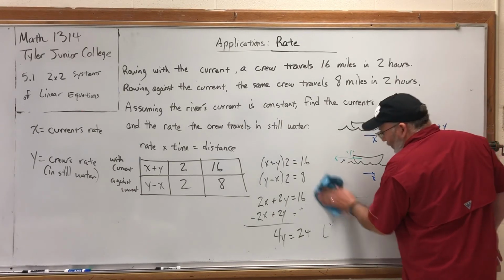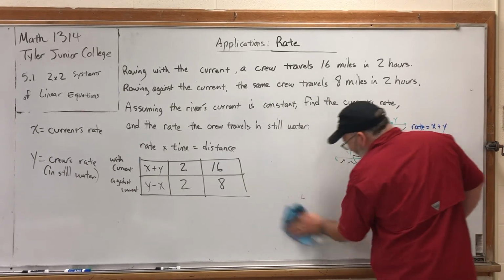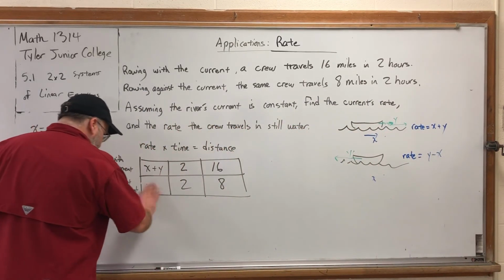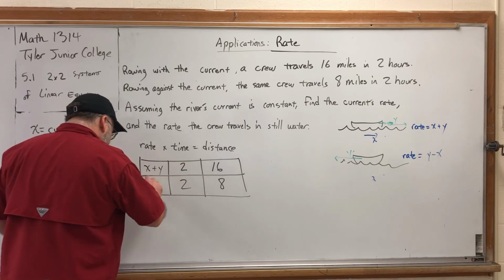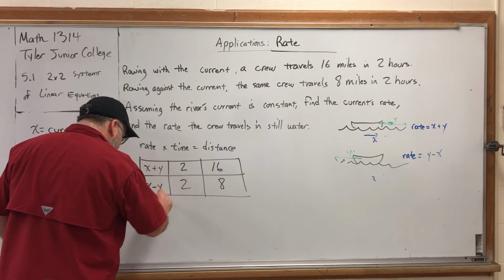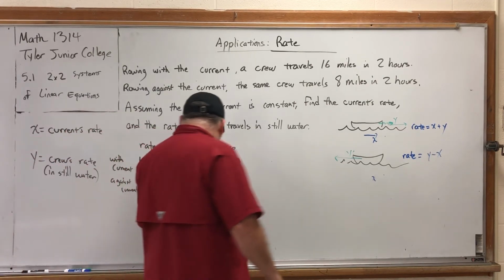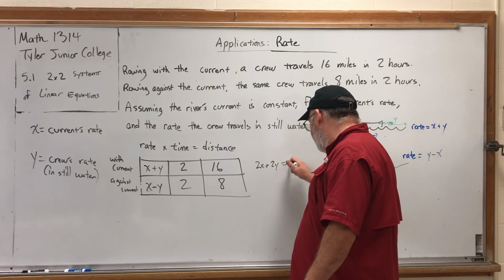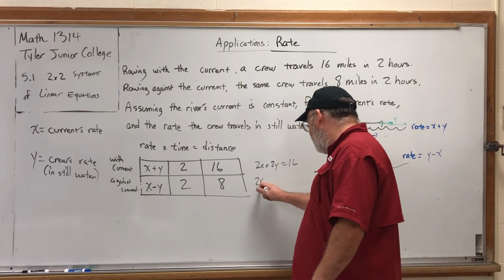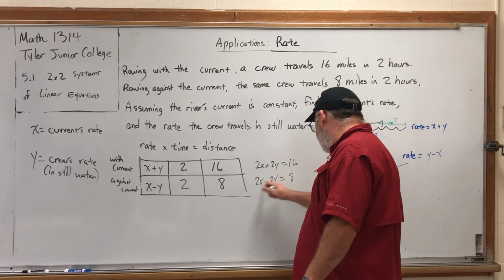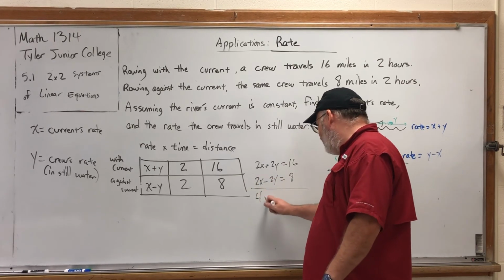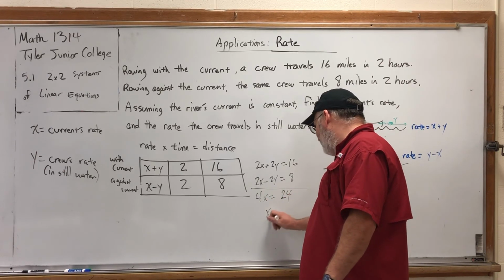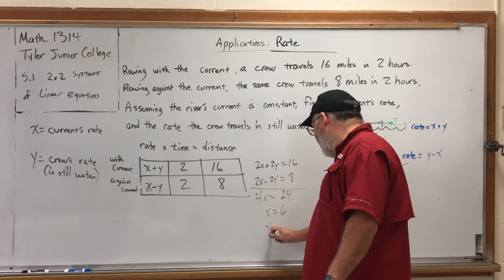If the subtraction problem were backwards, and we wrote x minus y, we would have gotten 2x plus 2y is equal to 16, 2x minus 2y is equal to 8, add to get 4x is equal to 24, get x equals 6, and we would have gotten y equals 2.